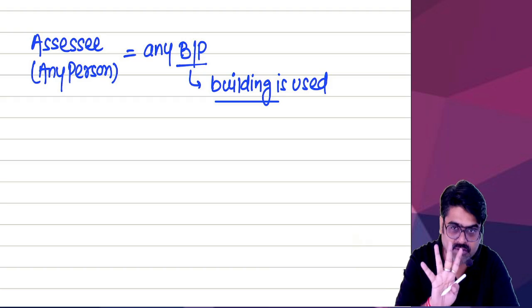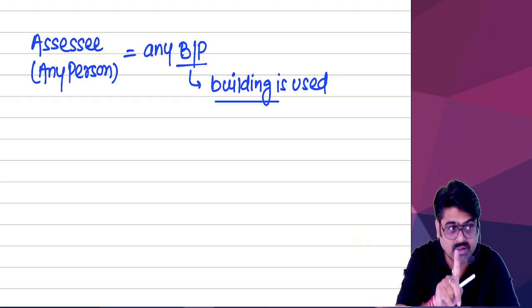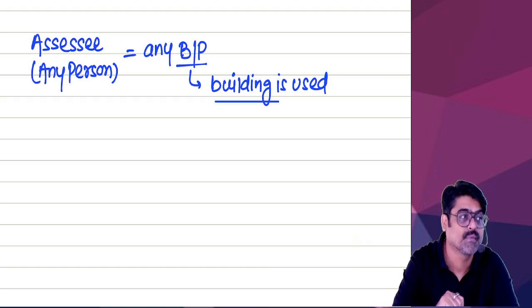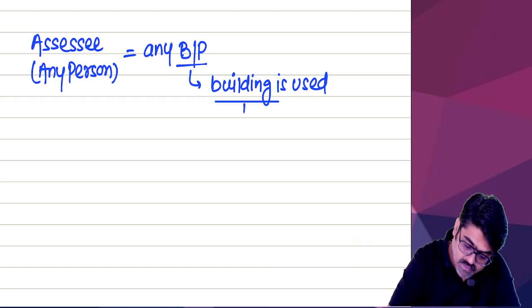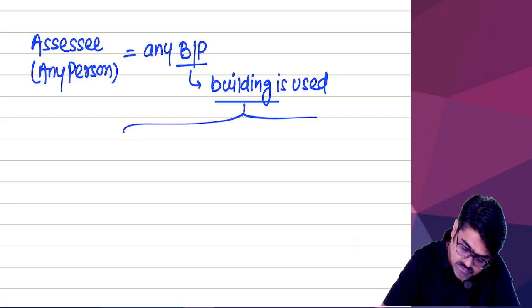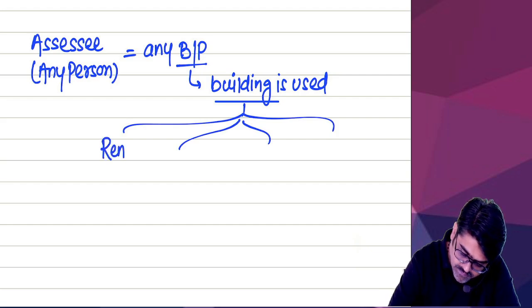So now what type of expenses? Only 4 expenses are allowed under section 30. Number 1, for this building, will you pay rent? Will you pay rates and taxes?